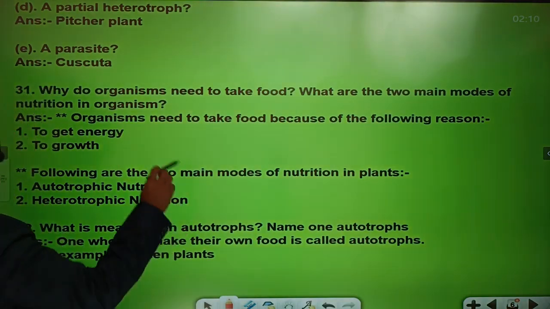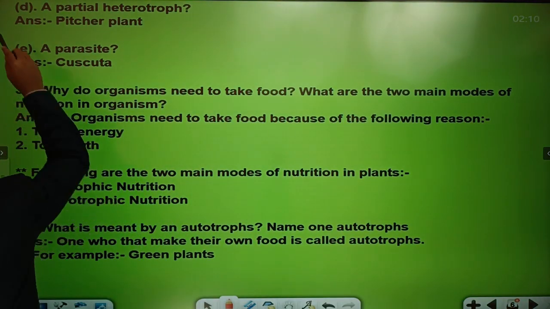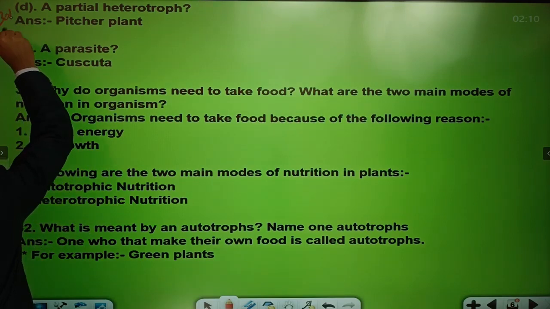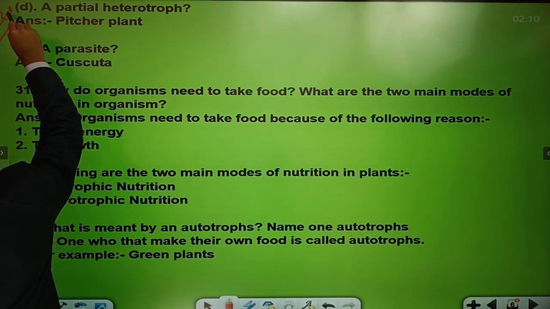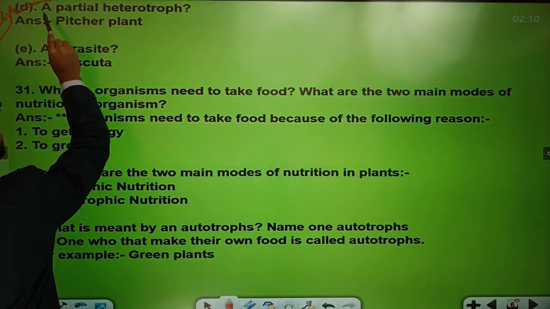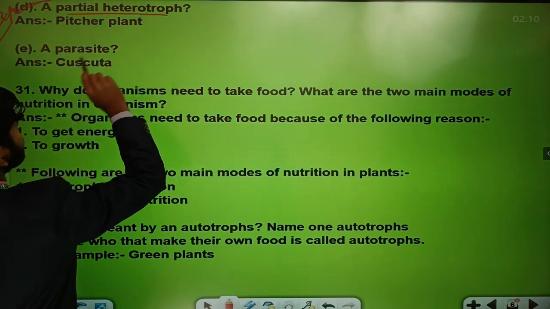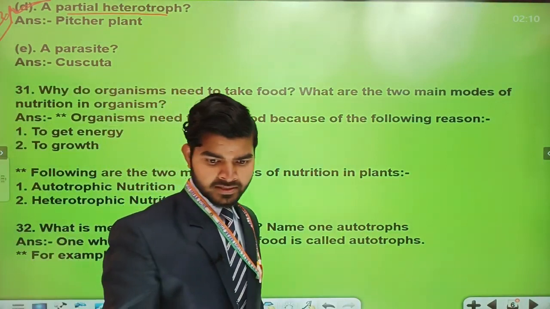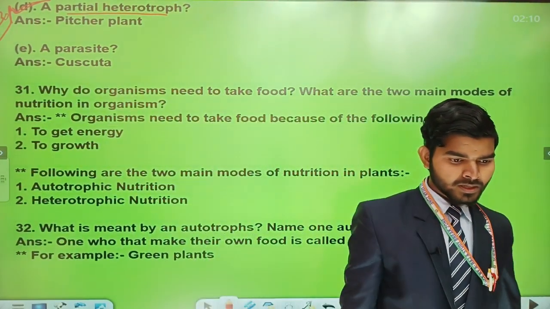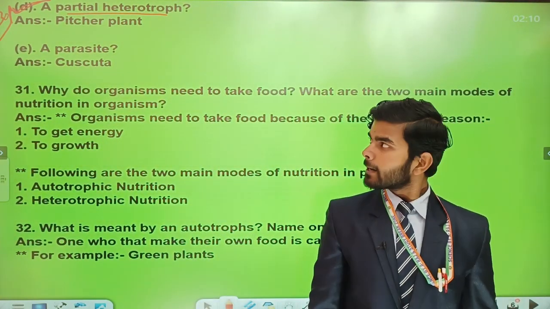The question is saying, actually this is question number 30, and the question part is D, 30D. The question is saying a partial heterotroph. Actually there is something missing in this particular question.